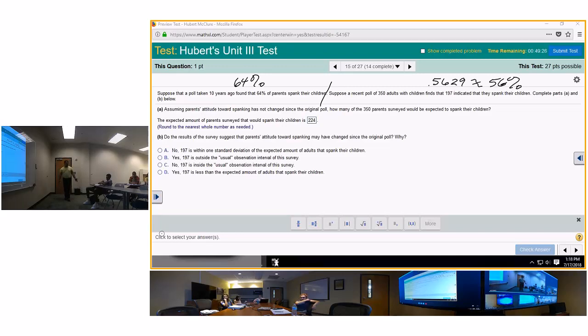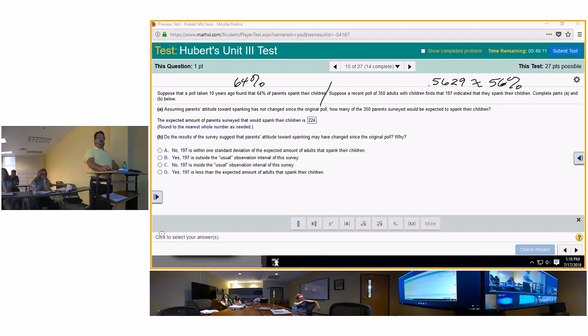Okay? All right? So, complete parts A through B, and B says, do the results suggest it has changed? Yes. So no is not an answer. So take out A and take out C. And which one is it? B or Delta?